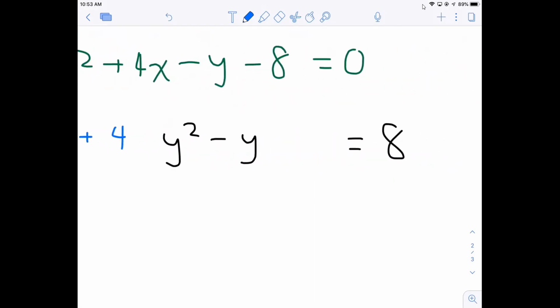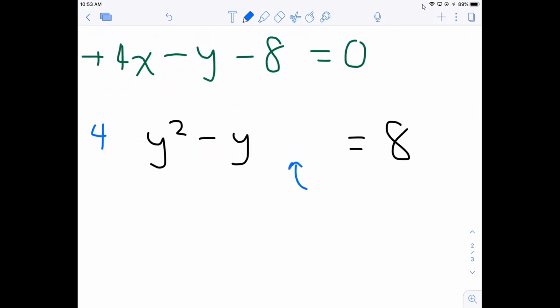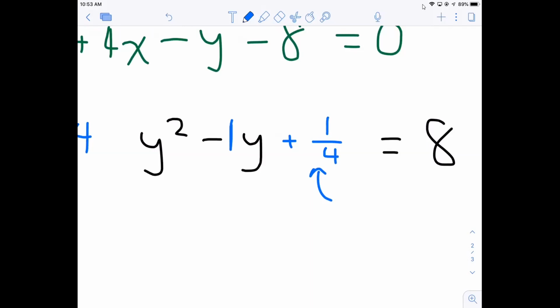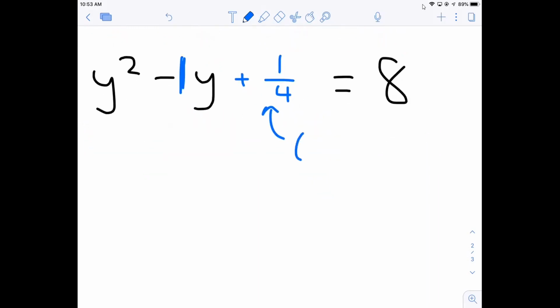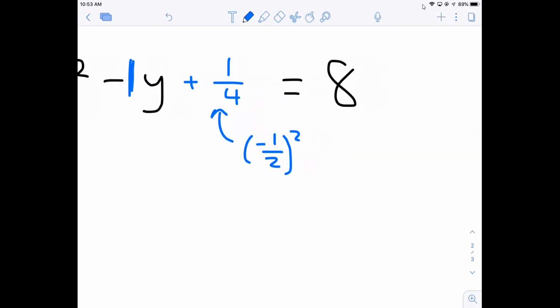All right, what number will we be adding here? A little trickier, but also not too bad. We're going to be adding 1/4, right? So take half the b value. Our coefficient of y here is -1. So what we're adding is -1 divided by 2. We square a half, and squaring a half is a 4th.